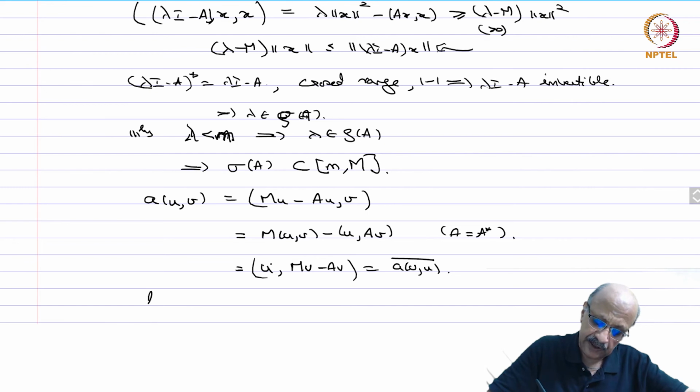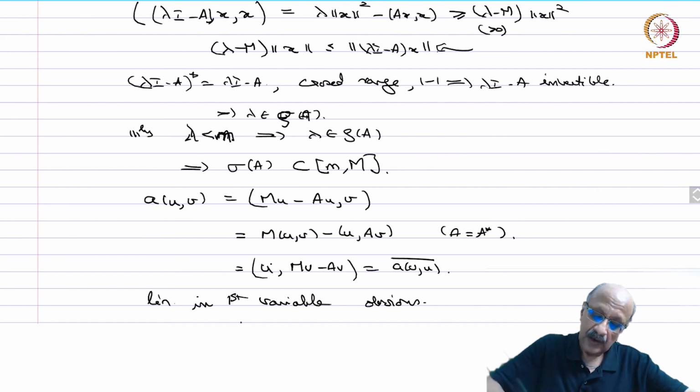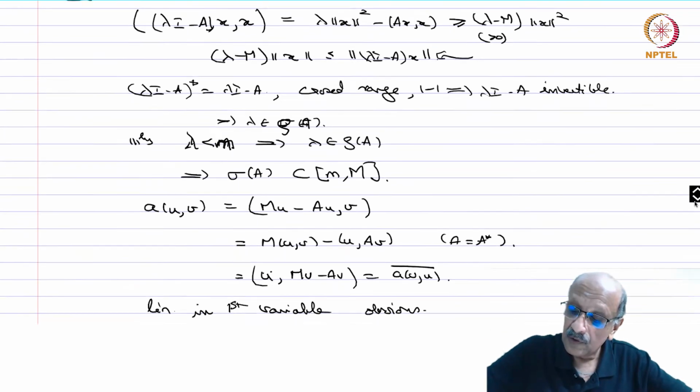And of course it is linear in the first variable, that's obvious. And finally [u, u] is M norm u squared minus (Au, u).